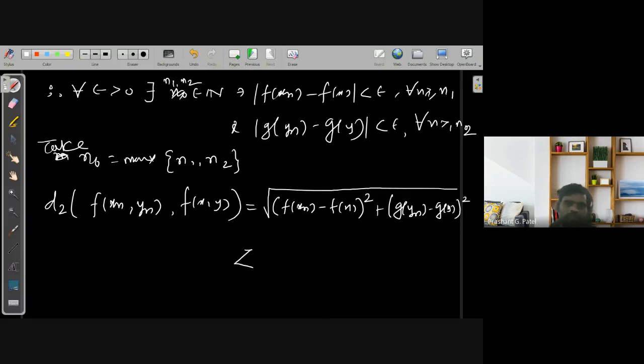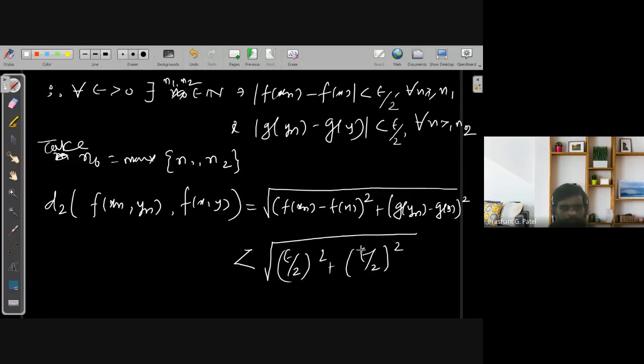So this is less than the square root of, to adjust this epsilon, epsilon by 2 square plus epsilon by 2 square.